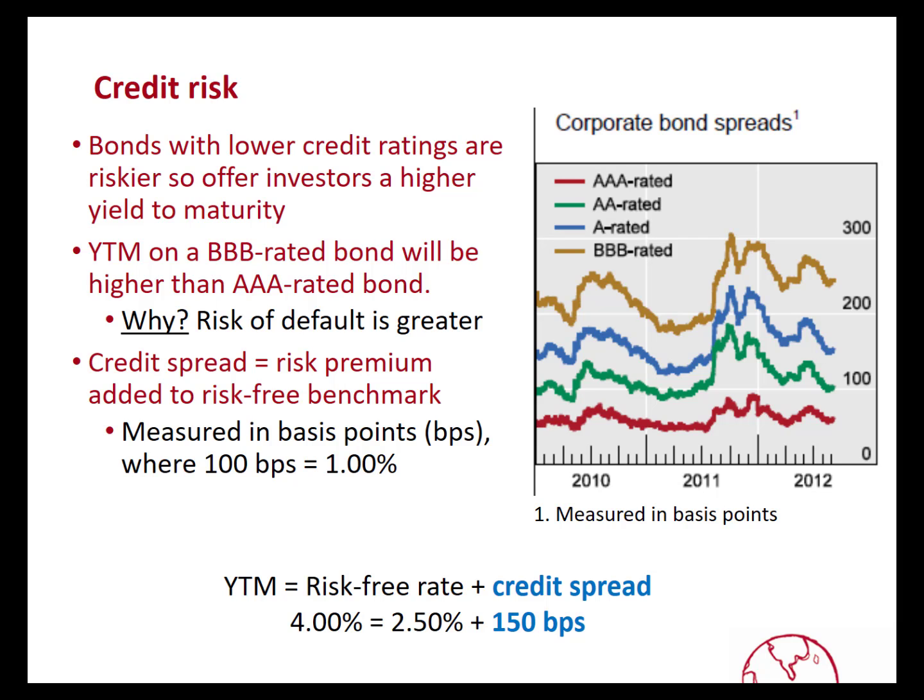So the AAA bonds are low. They're around 50 basis points in this diagram, and you can see they're in red. Whereas the gold, the BBB, are up more around 200 to 300 basis points.